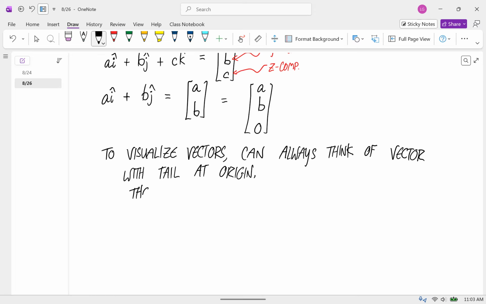And if you do that, then the vector components are the coordinates of the vector's head.